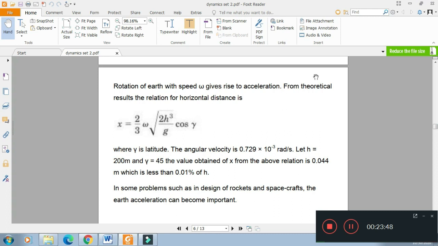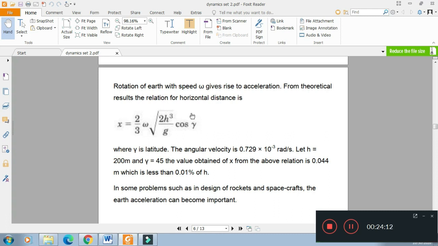But as the particle moves from top to bottom, the earth is rotating. When the earth is rotating, the particle will not strike the point which is exactly below the initial position. There will be some horizontal shift, and that horizontal shift can be predicted by this equation.